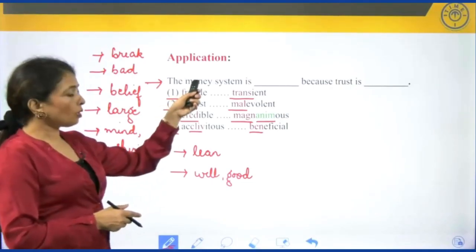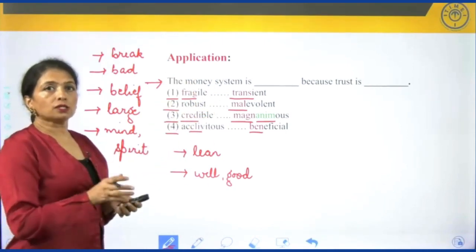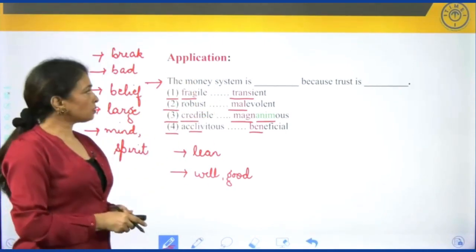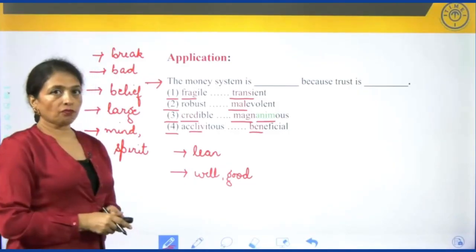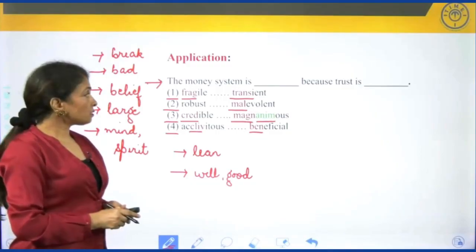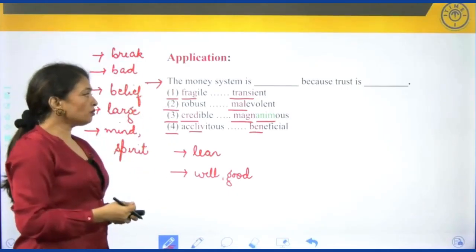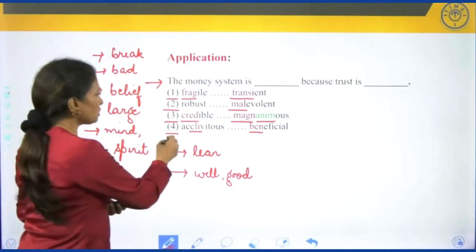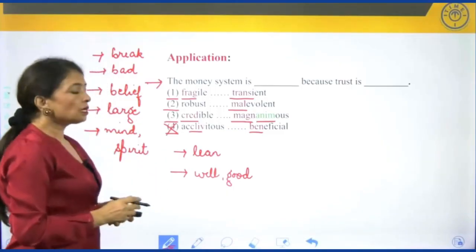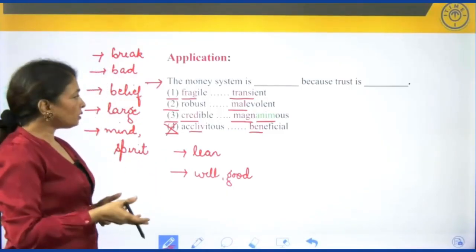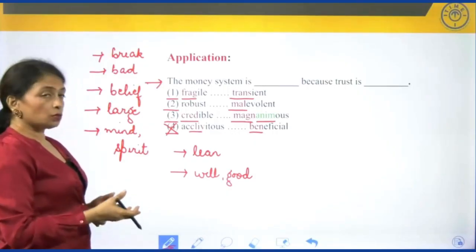Now let's try to apply the correct pair to complete the sentence. So how is the money system? The financial system, is it fragile? Is it robust? Is it credible or acclivitus? Well, it's not acclivitus. This doesn't make sense, so we can eliminate this. Credible is believe-worthy. Now, is the money system believe-worthy?